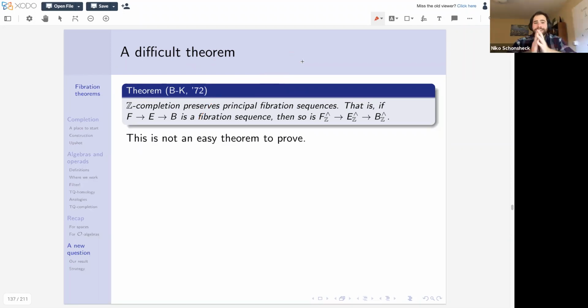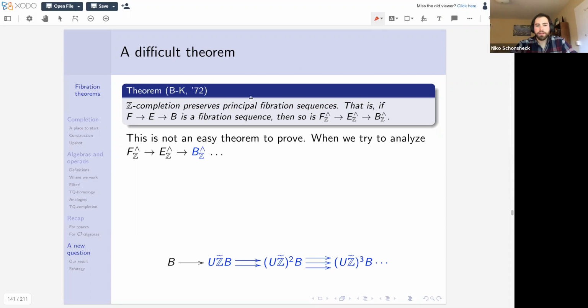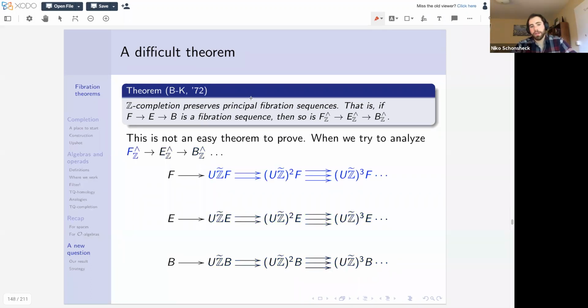This is not easy to prove. Oh, sorry, the writing goes away apparently. The principal fibration sequence. In fact, it takes a whole section in their book, and I think it's worth pointing out why it's difficult. If we're trying to analyze this, how do we build B? It came from this cosimplicial thing. How did I build E? It came from this cosimplicial thing, F, cosimplicial thing, and I had these maps going down.